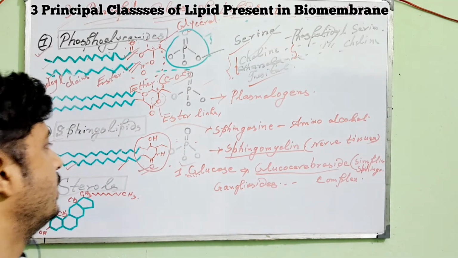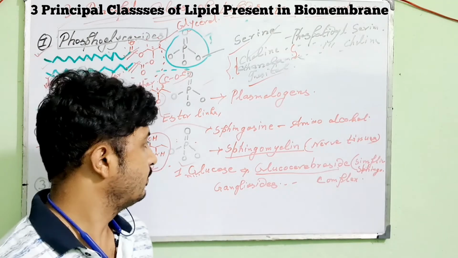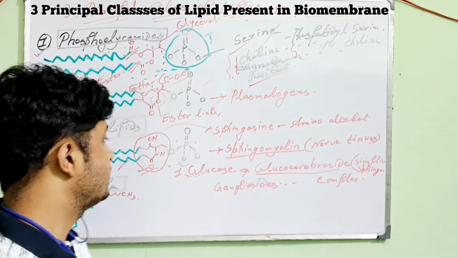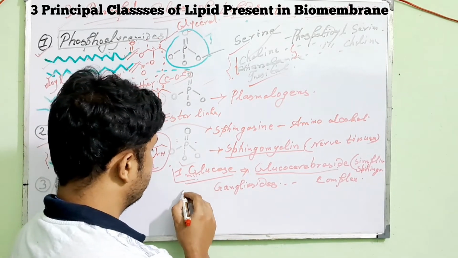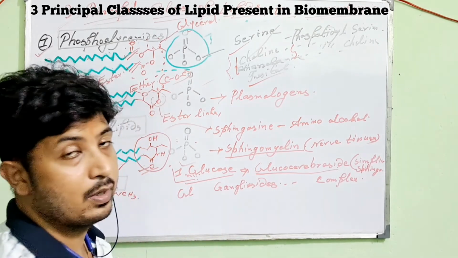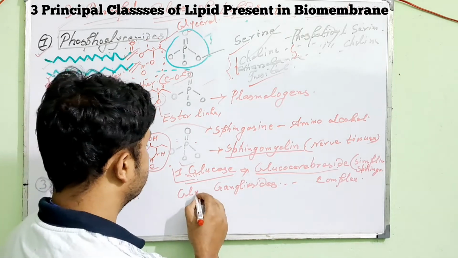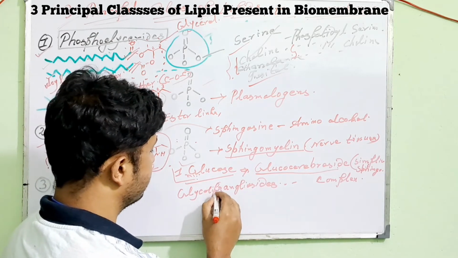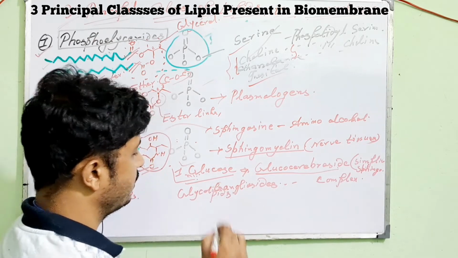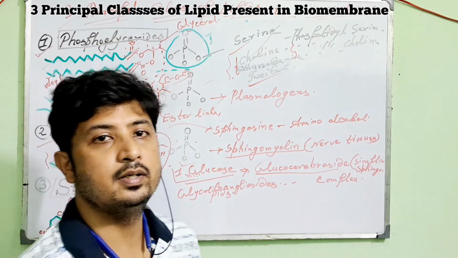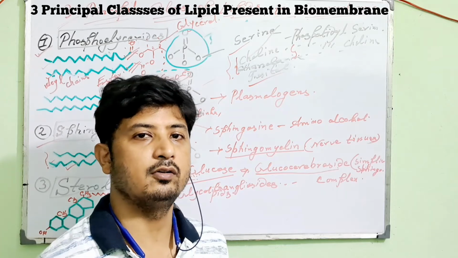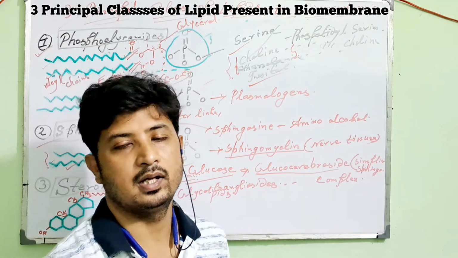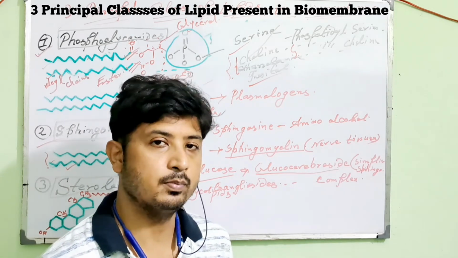And one more thing, when it is attached with glucose or other sugar molecules, it is called glycolipids. So glycolipid is a type under the class of sphingolipid. So glycolipids are a type of sphingolipids.